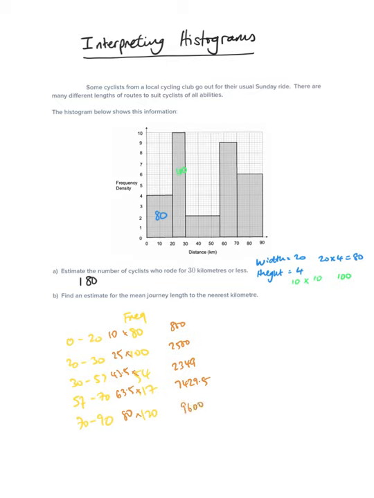And we're going to need the total frequencies, the total number of riders. So all we're going to do is add up all those frequencies to get 471. So my estimate of the mean is 9,600 divided by 471, so it's about 48 kilometres.